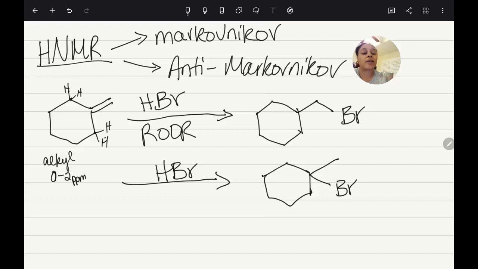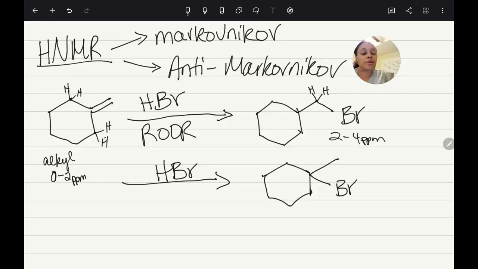Now, once we add our halide onto the molecule, these hydrogens should start approaching more of the 2 to 4 ppm, probably like 3.5-ish, right? So that's one thing to look forward to. So the hydrogens closest should be there.